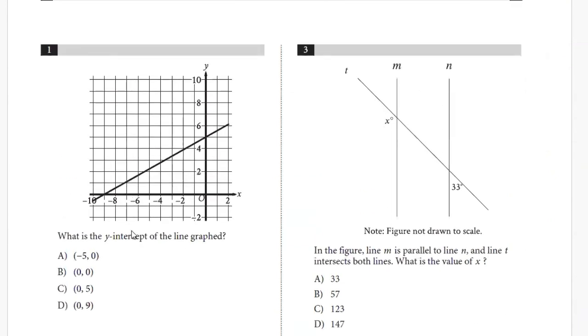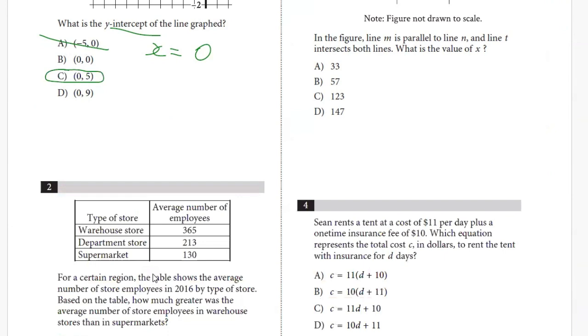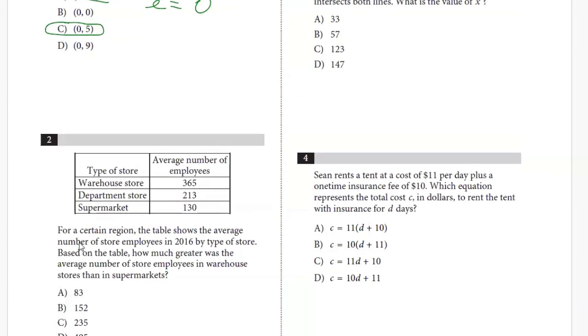What is the y-intercept of the line graph? So y-intercept means when x equals 0. So A is wrong. It's going to be 5 here, obviously. So C is correct. For a certain region, the table shows the average number of store employees in 2016 by type of store. Based on the table, how much greater was the average number of store employees in warehouse stores than in supermarkets?